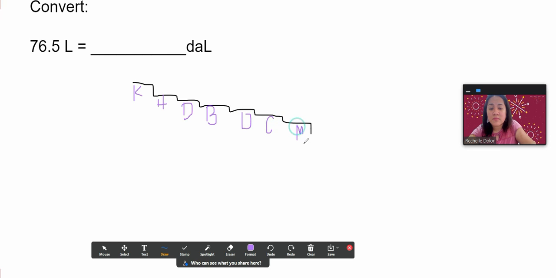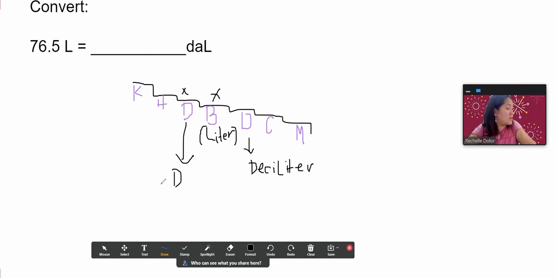So, okay, the liter is here because it's the basic, right? The B stands for the basic unit that you're going to use, or base unit. And this is the deca. Okay, this is deci, so this is deciliter, right? And this is the deca. Okay, so decaliter.